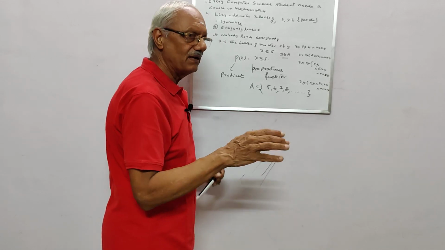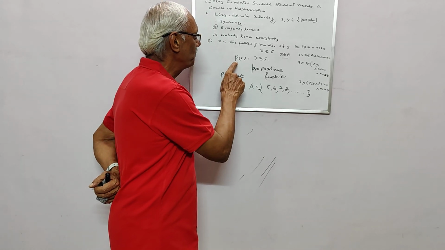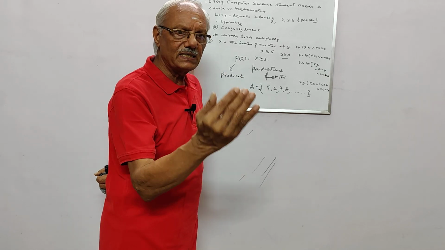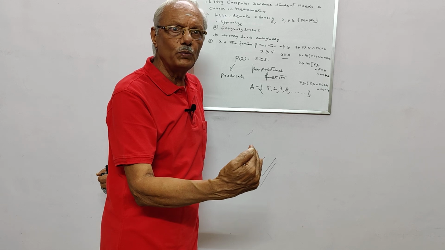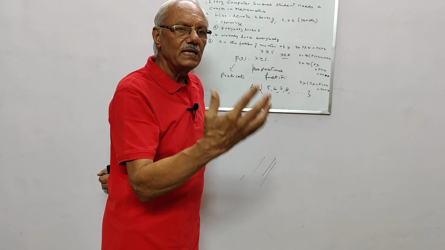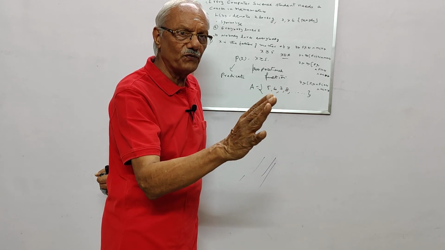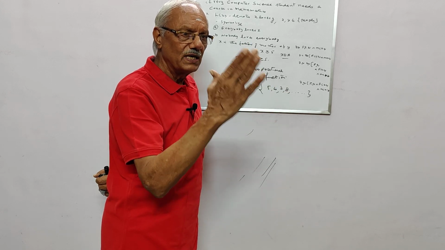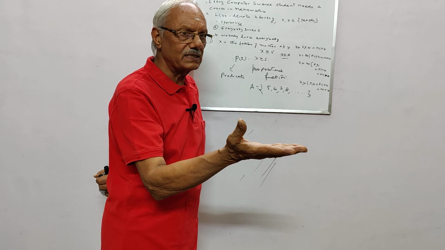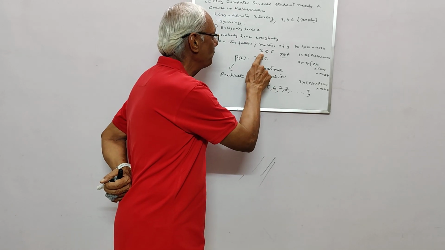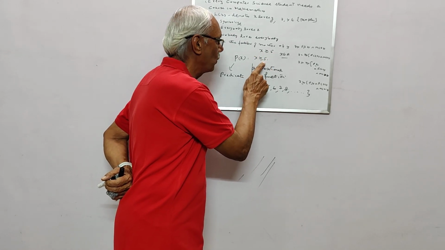Now let me come to this. I will finish off this and come to that. So p of x means x has got the property that, what is the property being told by p? P tells that it is a number greater than or equal to 5, and therefore I understood x is a variable, p is a predicate which talks more on x. And so this p of x greater than or equal to 5 has got a meaning here.